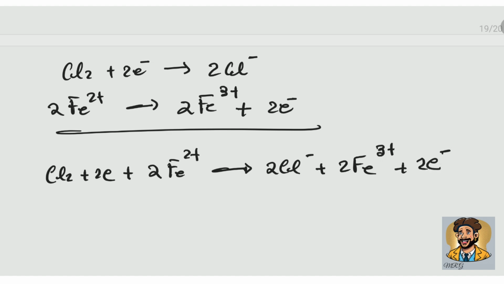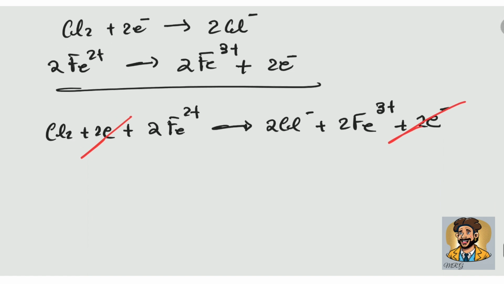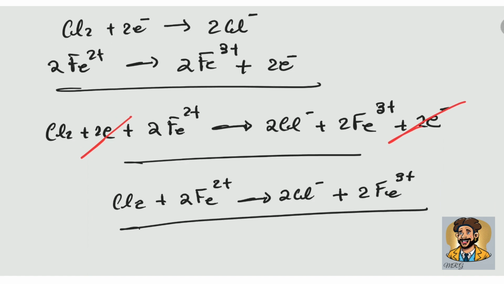I have the same number of electrons on both sides of the equation, so they will cancel each other, and then we are done. This is the balanced equation for that specific reaction, guys.